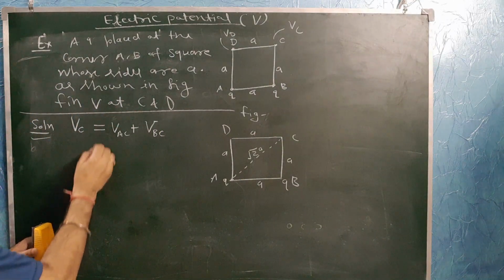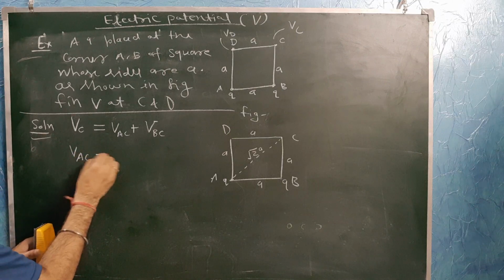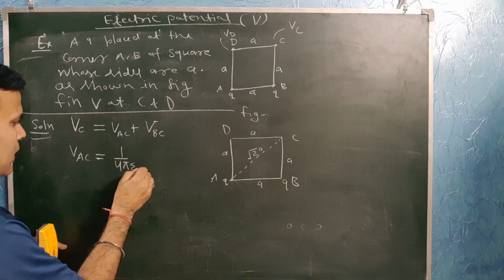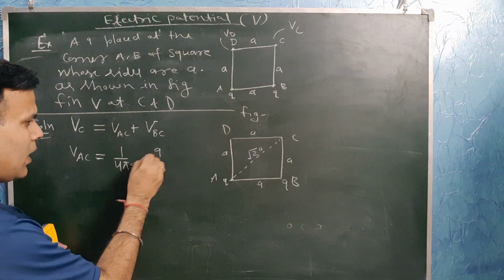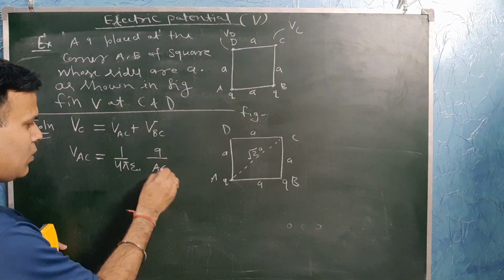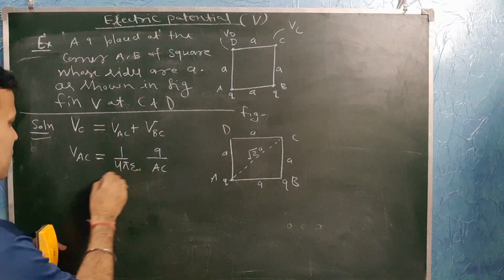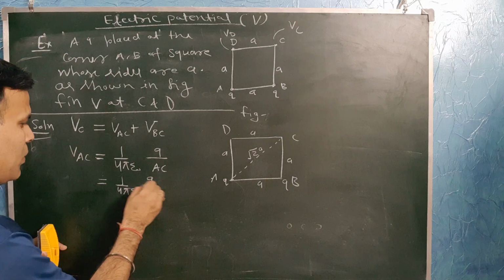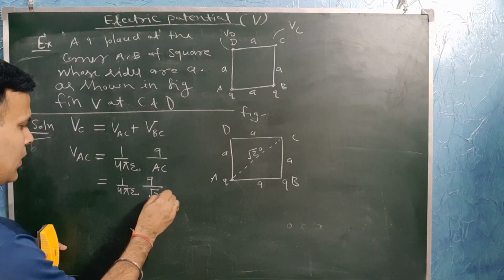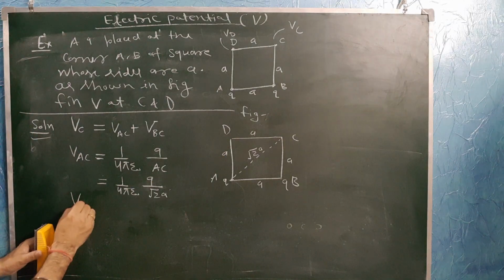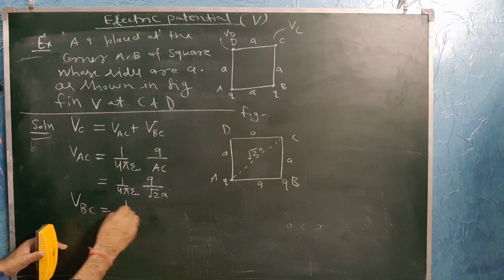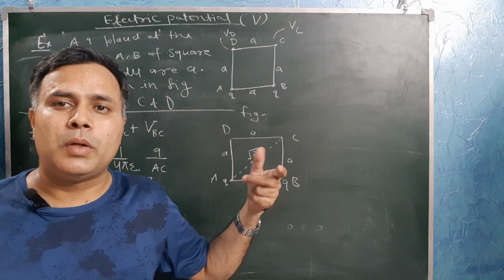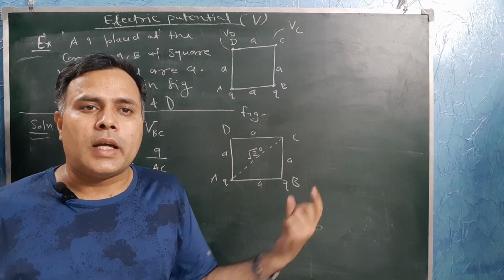So what is potential? What is VAC? VAC is simply 1 upon 4 pi epsilon 0 Q by R, where R is AC, which is root 2a. So it is 1 upon 4 pi epsilon naught Q by root 2a. And what is VBC? We know the potential due to a point charge is simply 1 by 4 pi epsilon 0 Q by R, and R is the distance.